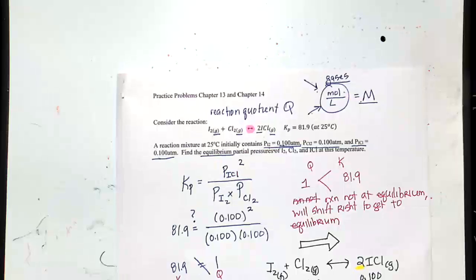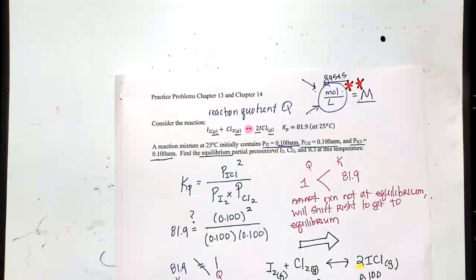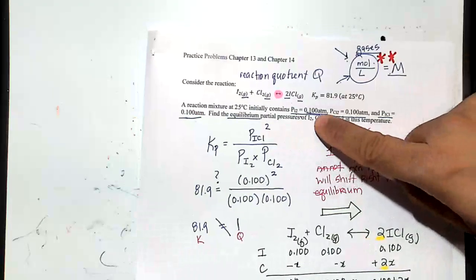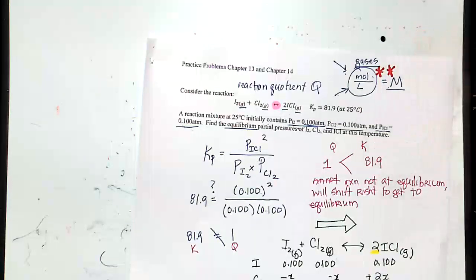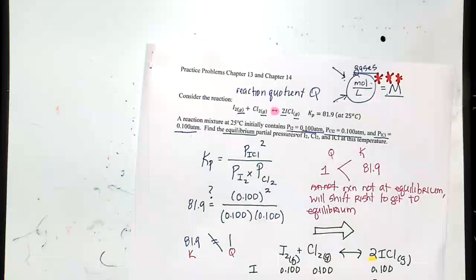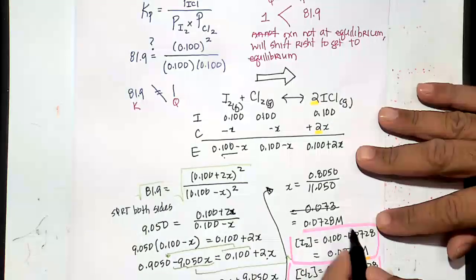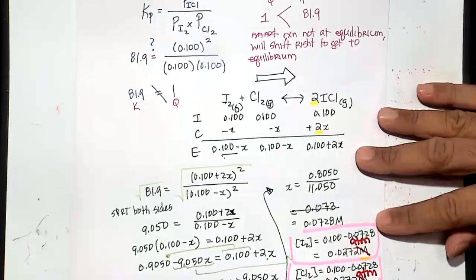On the exam, you're going to have to do moles over liters, so divide the moles by the number of liters. Don't just put moles. Here in this problem it's pressure. A student asks: when it says find the equilibrium partial pressure, is the unit atm, and when it asks for concentration, you put molar?